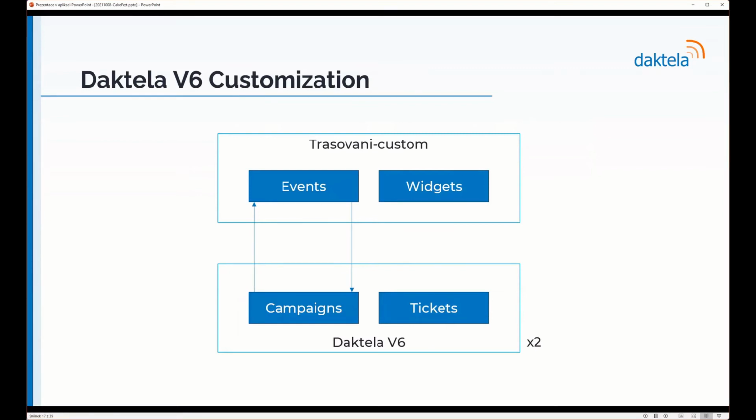The Daktela V6 actually had two deployments, one for the hygienic workers, one for very large, thousands of people from the professional contact centers, and used some sophisticated data pumps which move data back and forth using the tracing custom application. The primary tool for this was the event. Then there was the widgets part, which you've seen on the previous slides, which was the lower part of the contact tracing form.